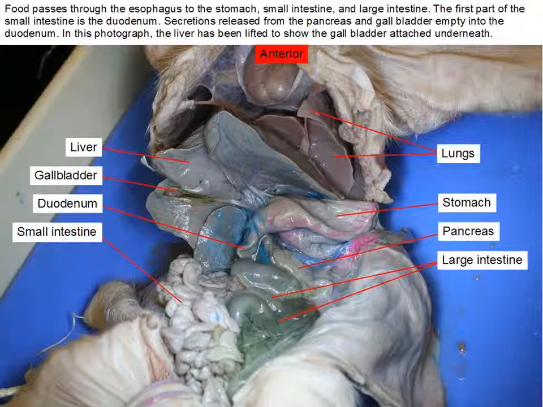I'll discuss that in the separate slide. But most of the nutrient absorption has actually been accomplished. When we move to the large intestine, the food's basically going to be just dehydrating and getting ready for excretion. If you're going to take in food, you might as well keep the water that goes with it.